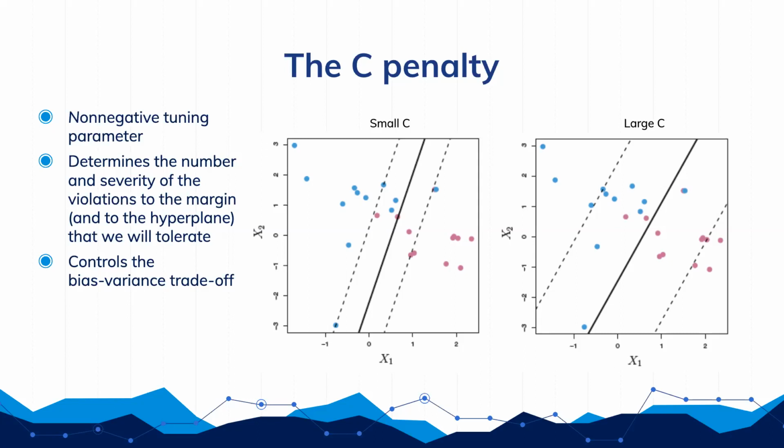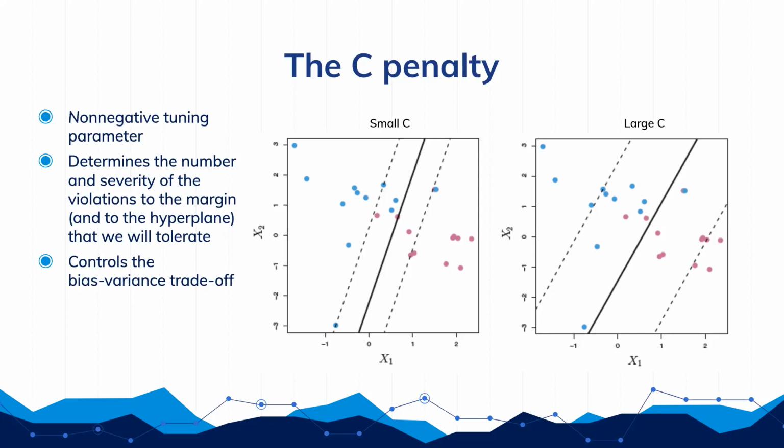You can see here an example for the same data set as before. For a small value of C, you're being very conservative. You're saying, I want only a small number of violations. So you have a much smaller margin because that's a consequence of being more conservative. But when you have a larger C, then you're allowing more observations.